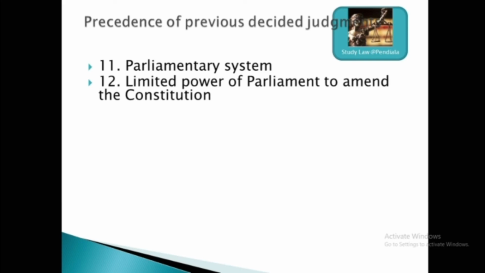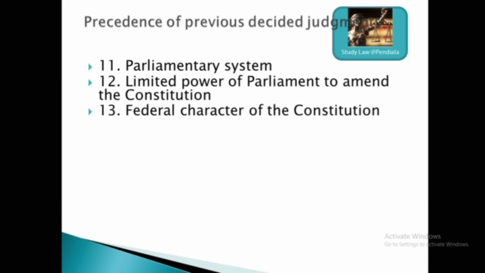The Constitution gives power to the Parliament. At the same time, there is a limit to the power of the Parliament. So, when the Constitution is amended, the power of the Parliament cannot be violated for whatever provisions the Parliament has in the existing Constitution.